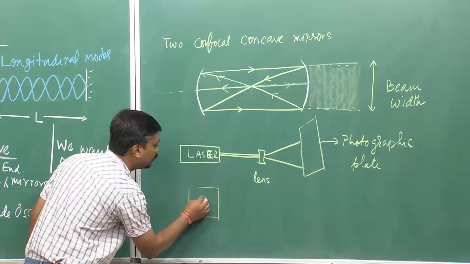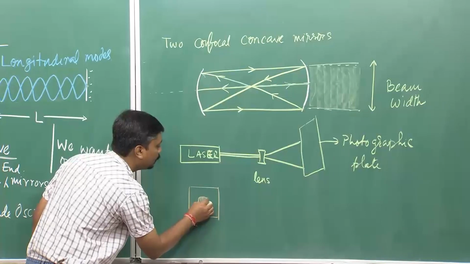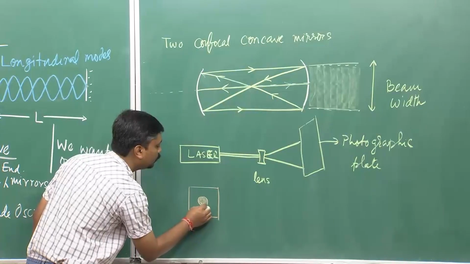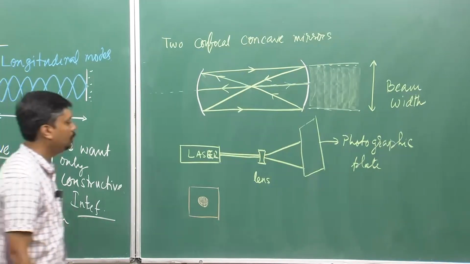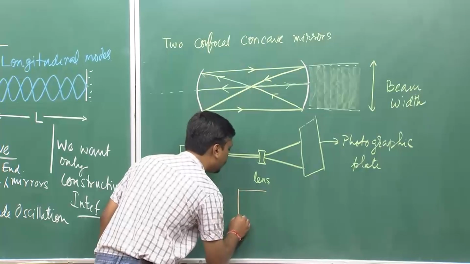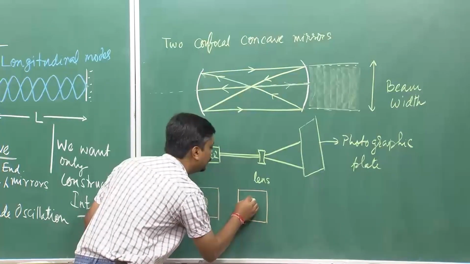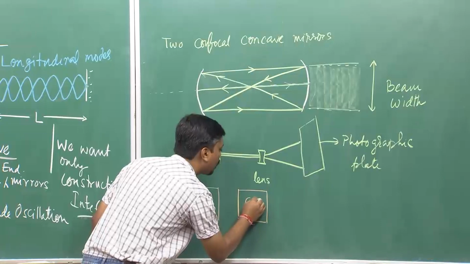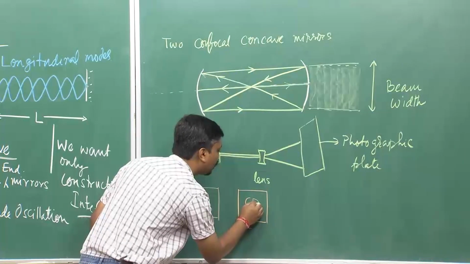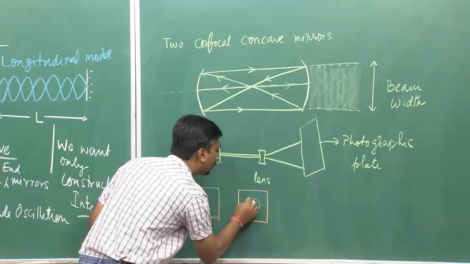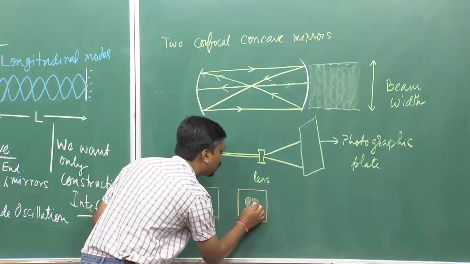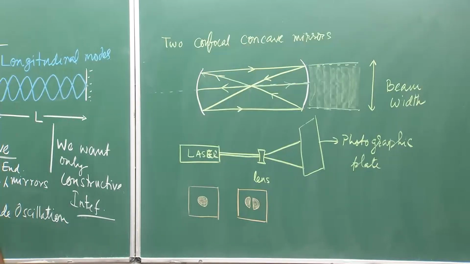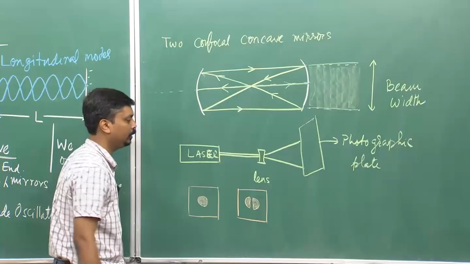So, this beam is very nicely a circular spot. Okay. It can be something like this. So, it essentially has two lobes in this fashion.